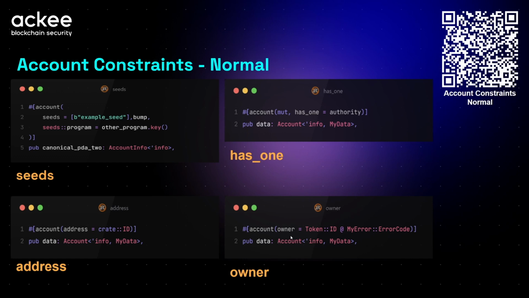We can check that the account is owned by some particular program. One interesting fact here, and this is also true for all of the remaining constraints, is that you can specify the error that is going to be shown if the constraint is not fulfilled. So if the constraint fails, then it will show this error.